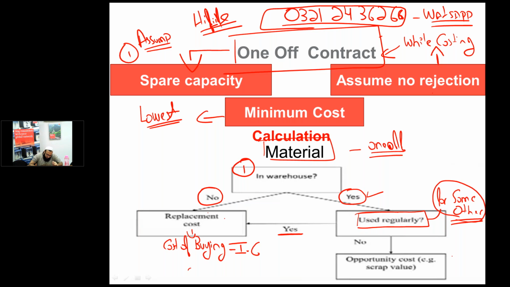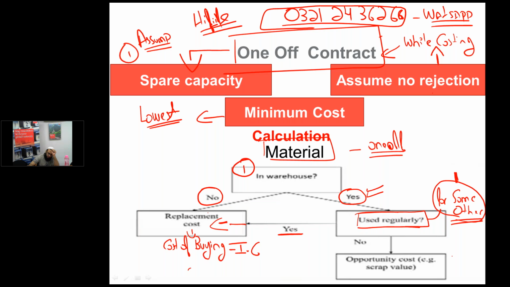And it will be the replacement cost that you will buy at. So you need to replace the material. Are you getting my point? So what's the replacement cost? It's simple. Just listen to what I'm saying. You had material in the warehouse which you were using regularly for some other work.